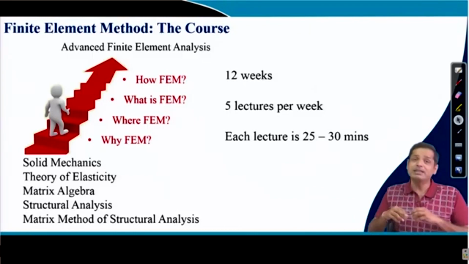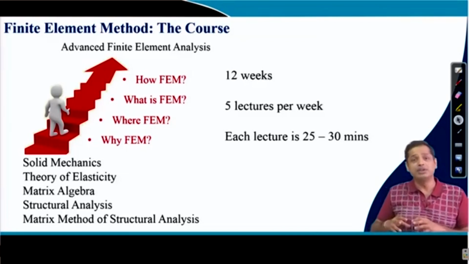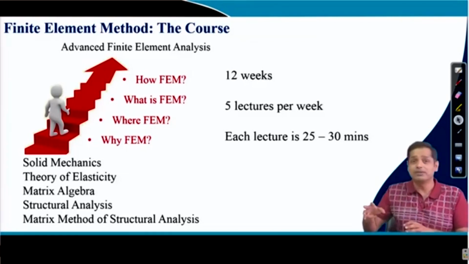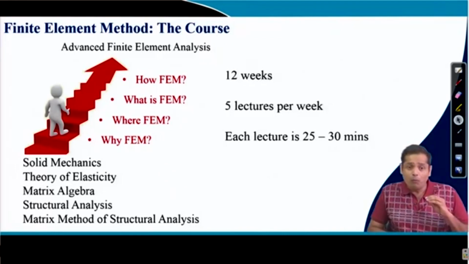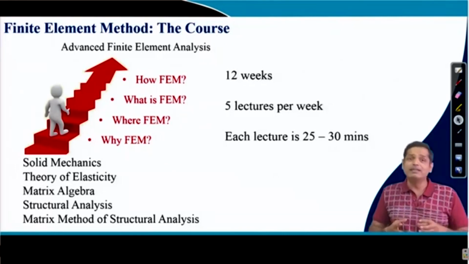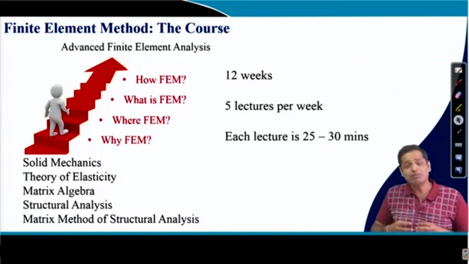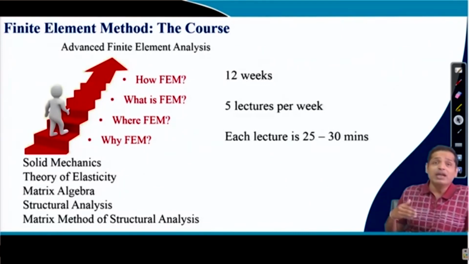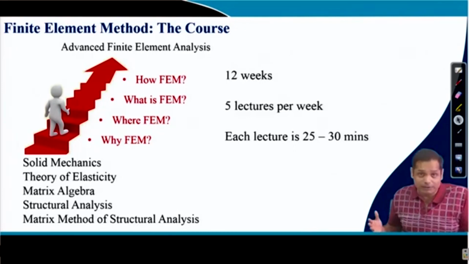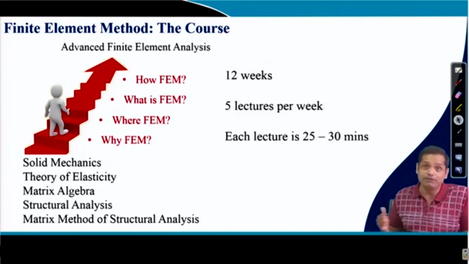So every structure, every engineering product is subjected to different kinds of environment, right? Now, when we make this product, it has to be made such that this structure can withstand those environments. That is an important aspect of any design.